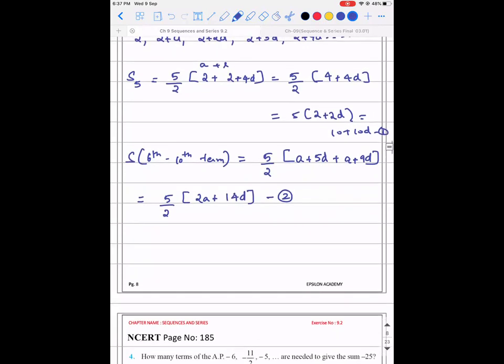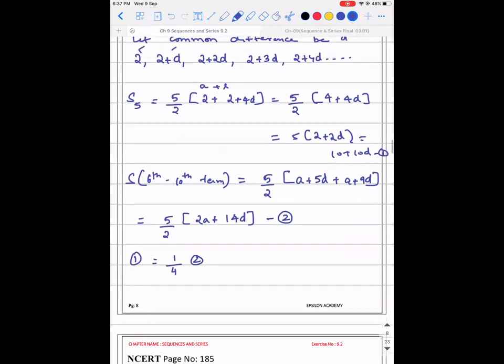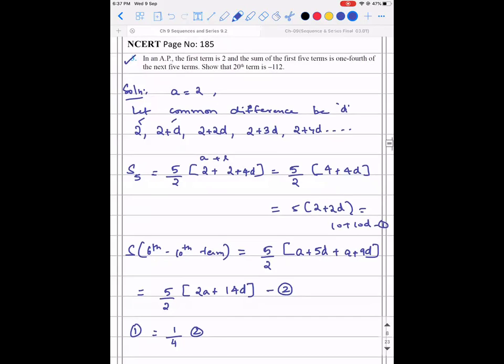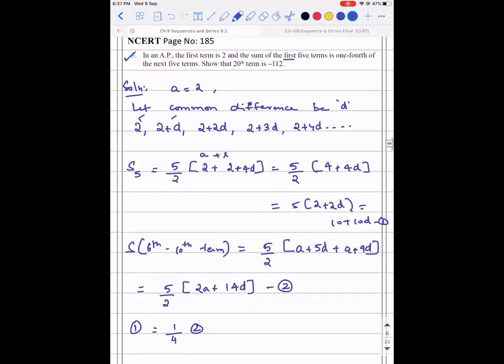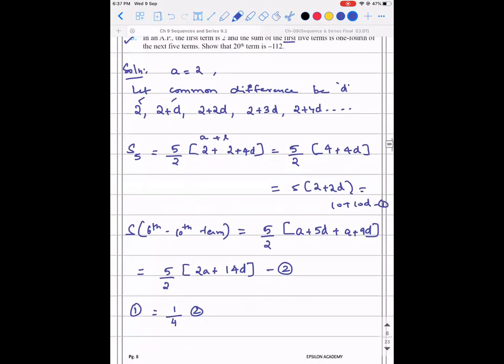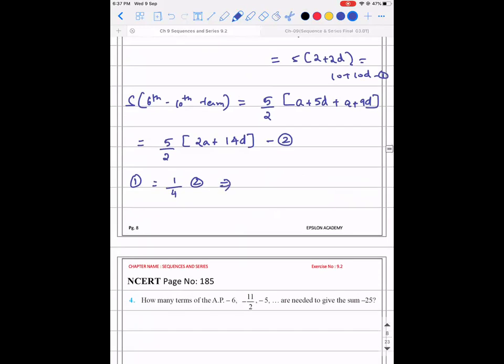But what did they say? Equation 1 is equal to 1/4 of equation 2. Correct? Sum of the first 5 terms is 1/4 of the next 5 terms, which implies 10 plus 10D is equal to 1/4 of 5 by 2 into 2A plus 14D.